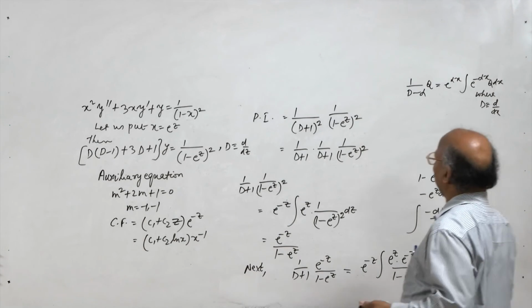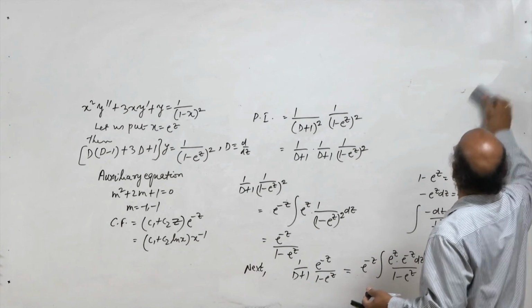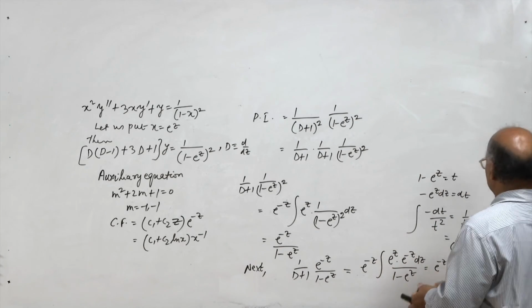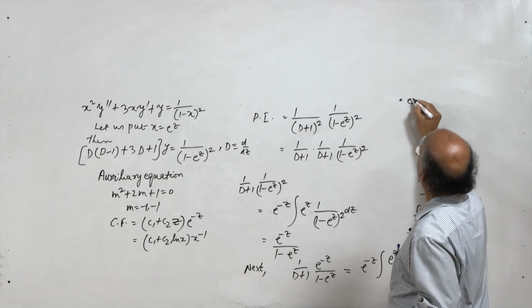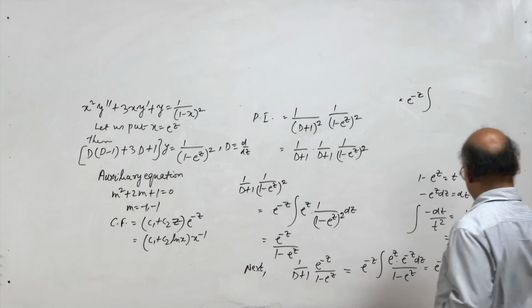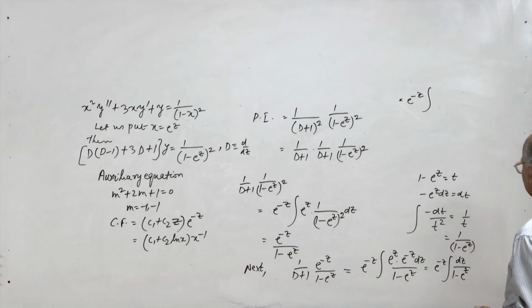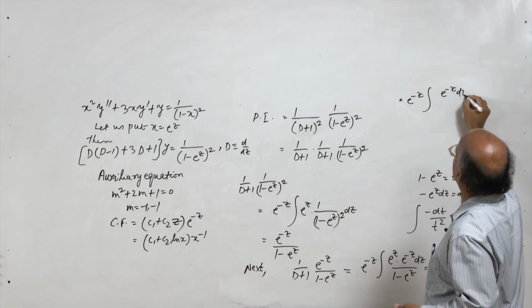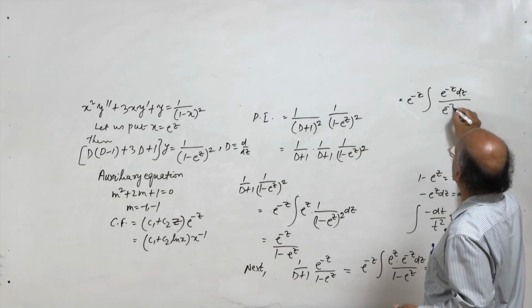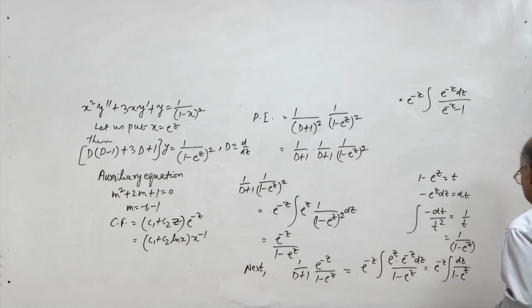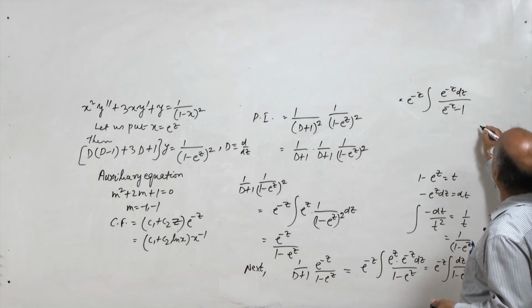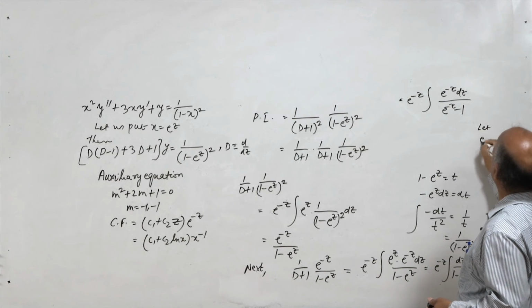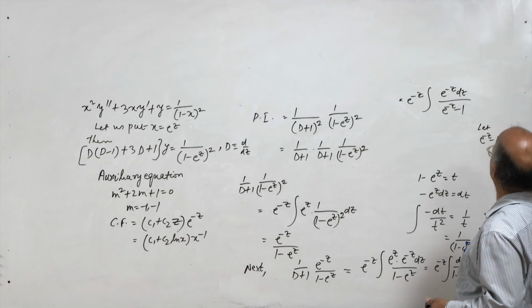Let us see how we find the integral here. So, we multiply by e to the power minus z in the numerator and denominator and get e to the power minus z dz divided by (e to the power minus z minus 1). Okay. Now, let us put e to the power minus z minus 1 equal to t.